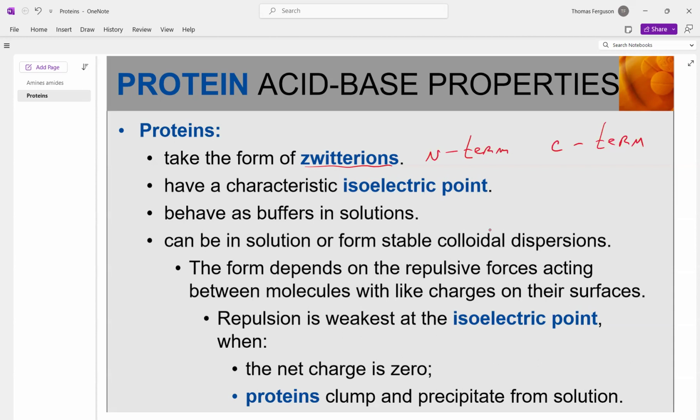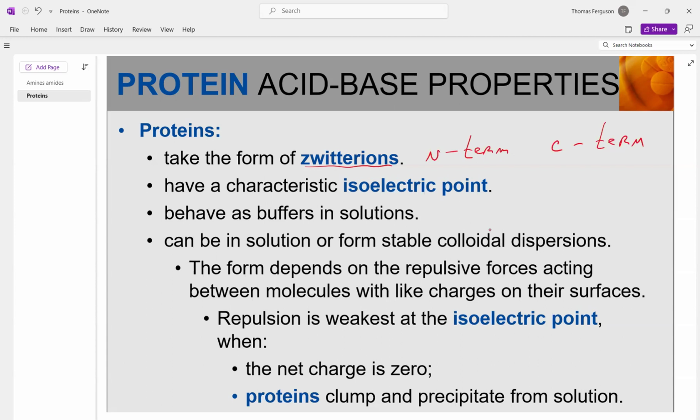A buffer. Did you learn about buffers in 305? A little bit. A buffer will maintain a certain pH depending on what the weak acid is that makes up the buffer. A weak acid and the associated base is how you make a buffer. So we've got both of those in the case of a protein, polypeptide, and peptide.